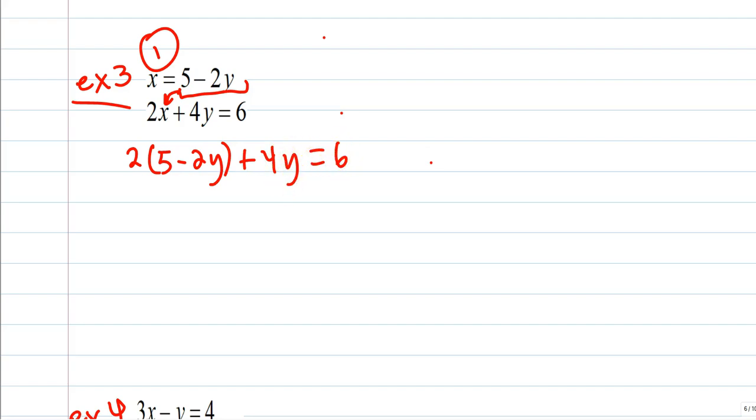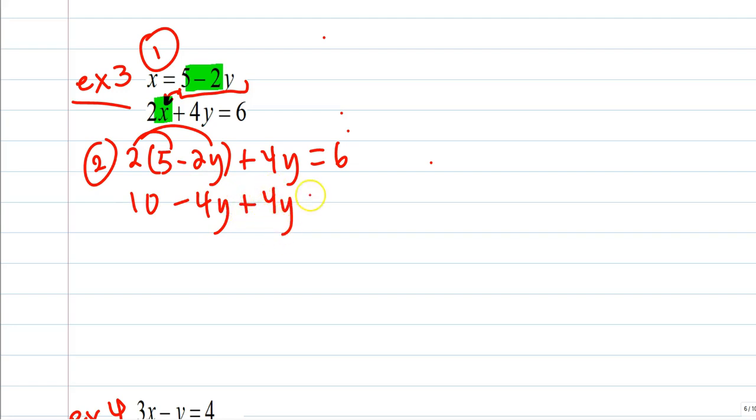Don't forget, all we did was substitute this in here. We have to bring the rest of the equation down. Step 2 is to substitute and solve. 10 minus 4y plus 4y equals 6. Negative 4y plus 4y zeroes out, and I'm left with 10 equals 6.